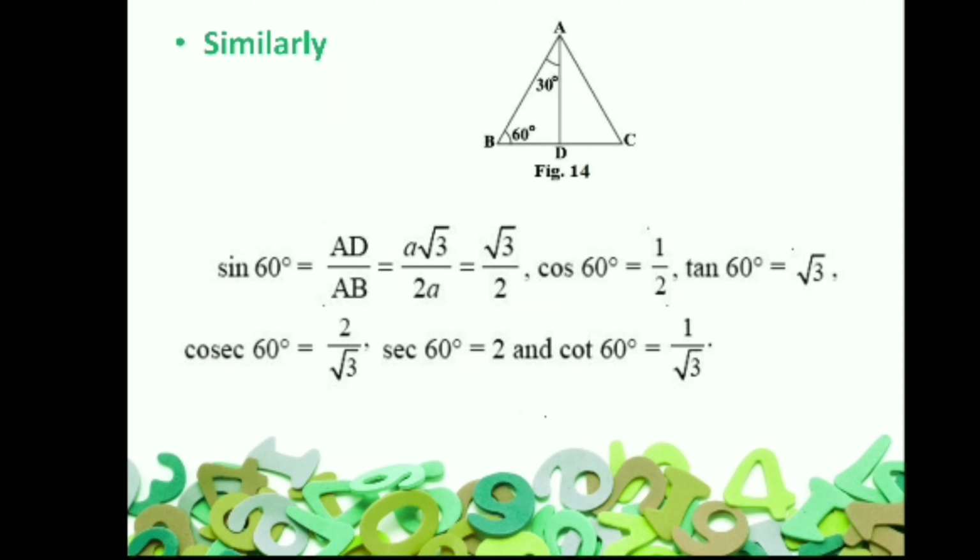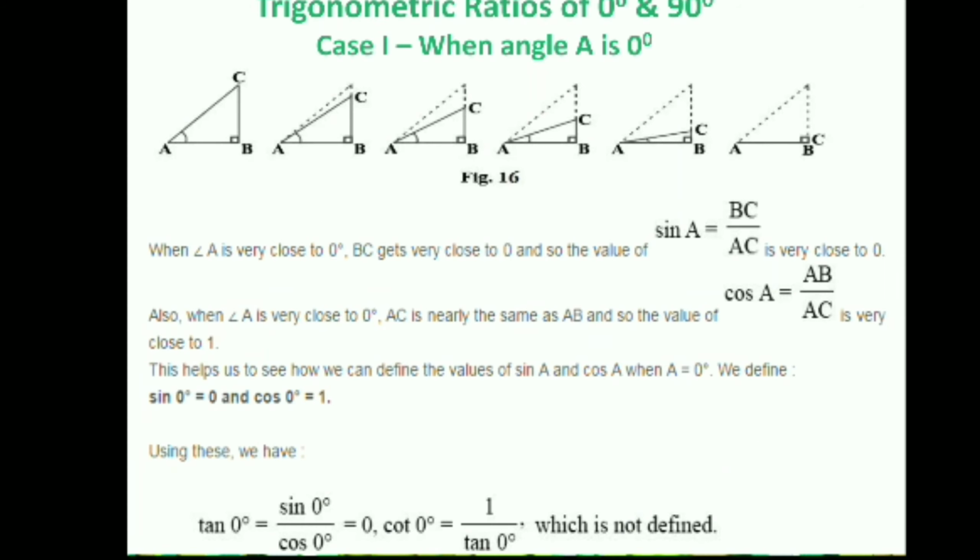Okay. Now for the trigonometric ratios of 0 and 90 degree. Case first, when angle A is 0. You can see in case first, when angle A is very close to 0 degree, you can see in the many figures: first it is 60 degree, then it reduces, then reduces, then reduces. So sin A is equal to BC upon AC.